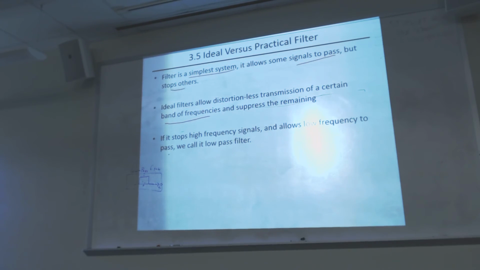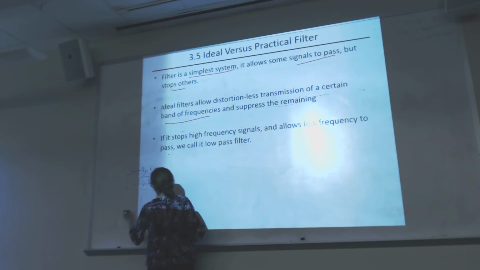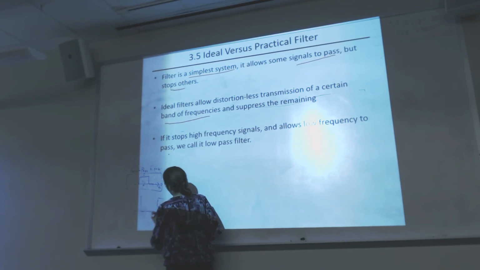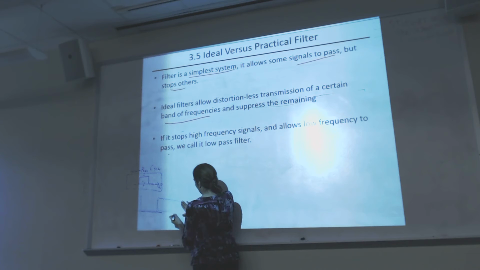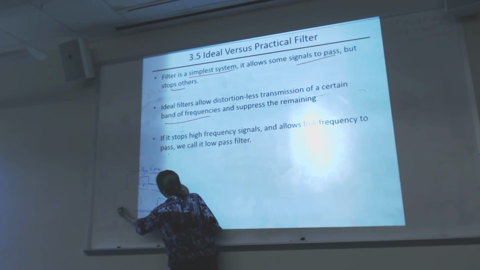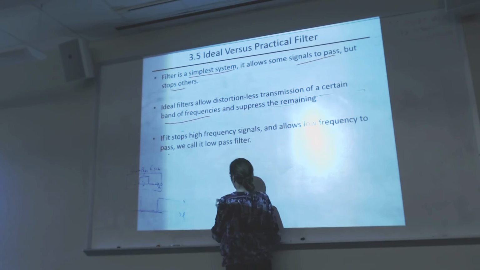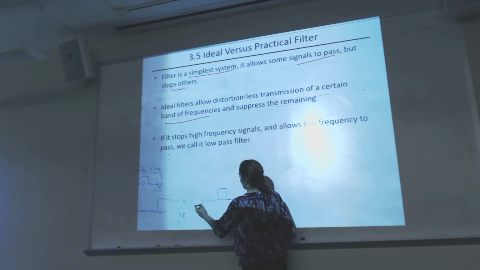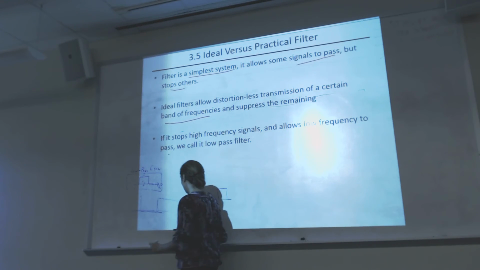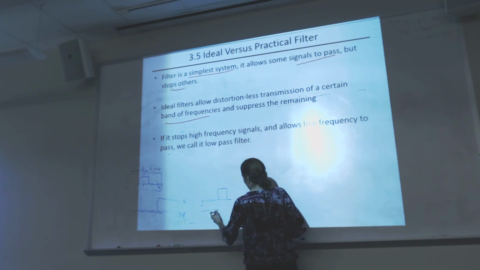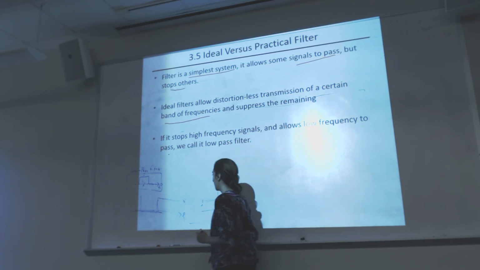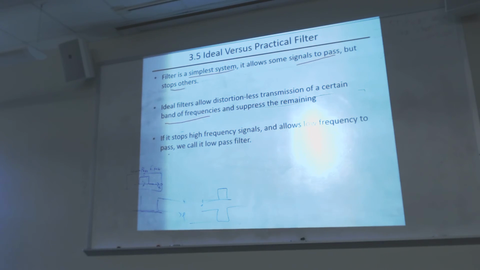Low pass passes low and stops high frequency. High pass is vice versa, passes high frequency and stops low frequency. Band pass passes a range of frequencies, and band stop stops a range of frequencies.